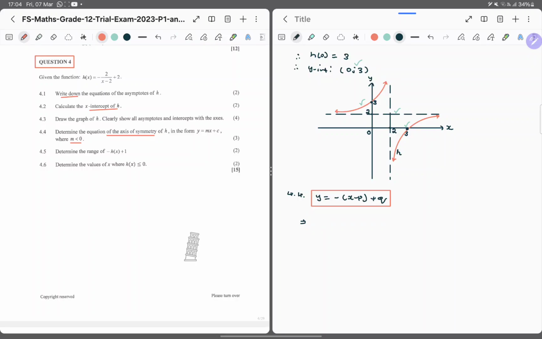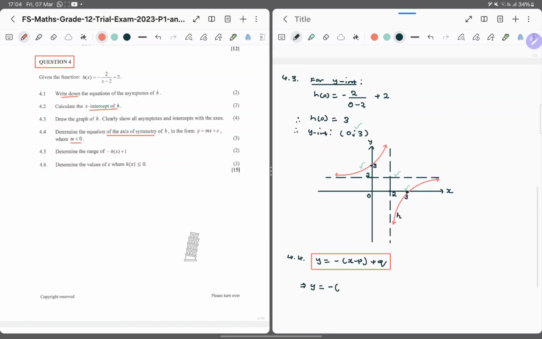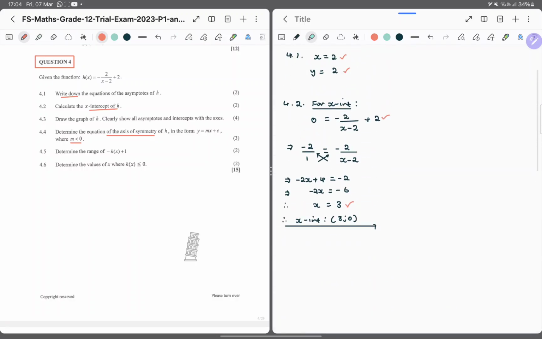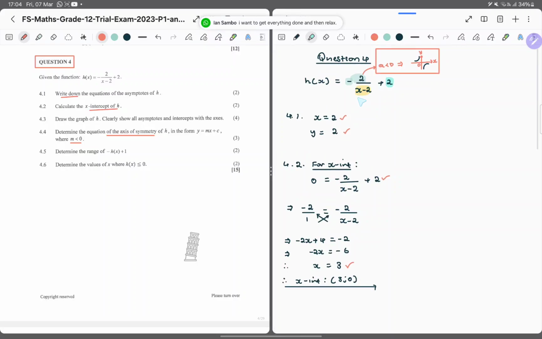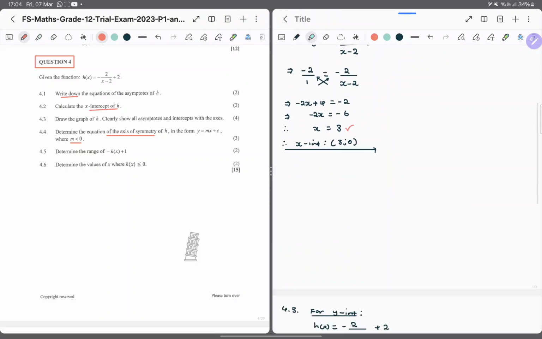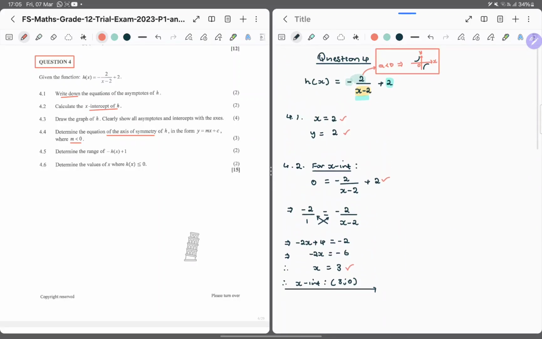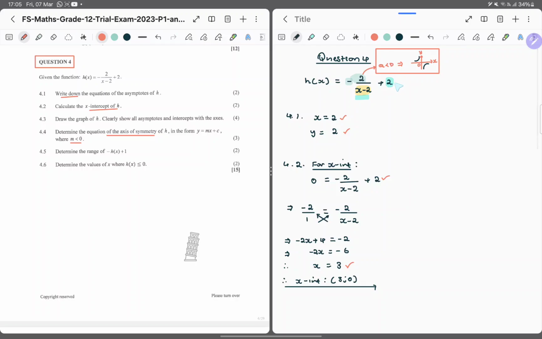So this implies that y is equal to minus into, now what is x minus p? It is exactly what we see on the equation that we were given. It's this guy right there. So we write that x minus 2. And then plus 2, the q as it is.